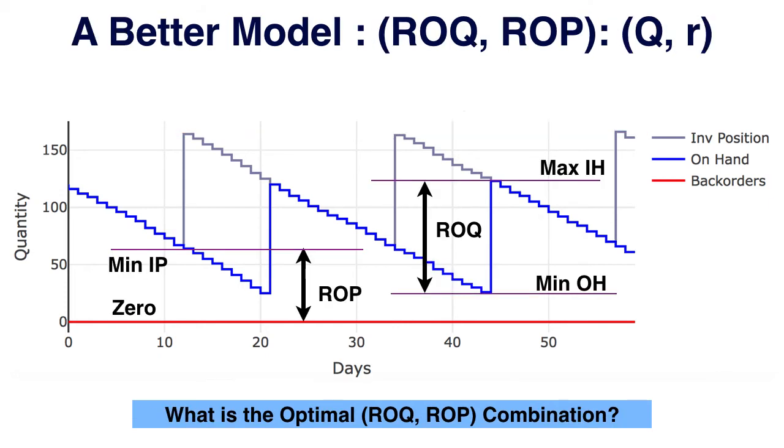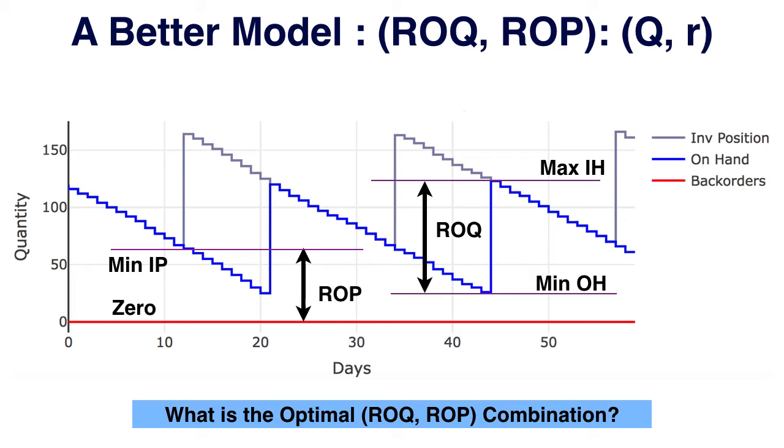So essentially, the model that we have been looking at, using the reorder quantity and the reorder point, is a better model. The problem we try to address using this is, what is the optimal ROQ ROP combination? ROP is essentially the distance between the zero line and the minimum level of inventory position, and ROQ is the reorder quantity.